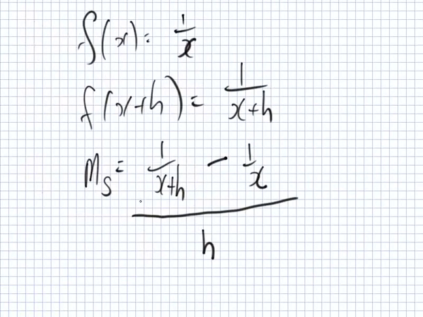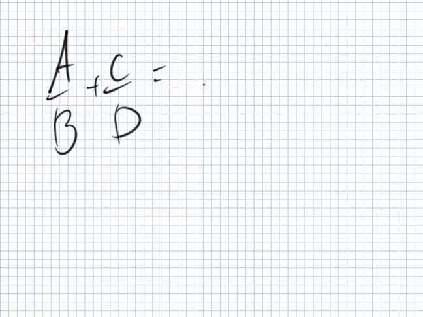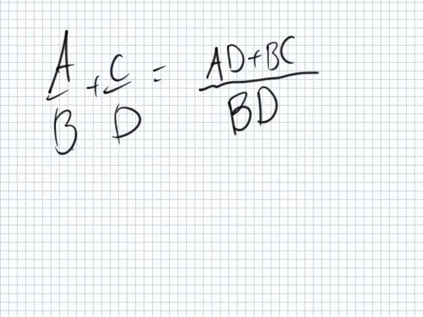And before somebody asks me how to do that, a reminder of elementary school. BD goes here, and then AD plus BC. So you multiply the bottom, and then you do a cross. And it's plus in the middle.